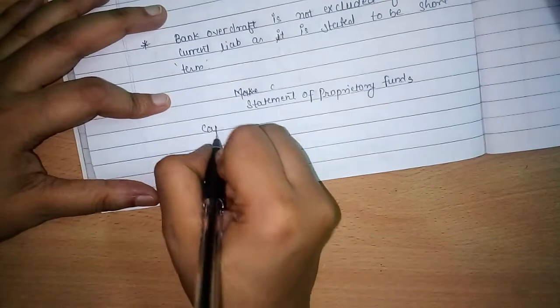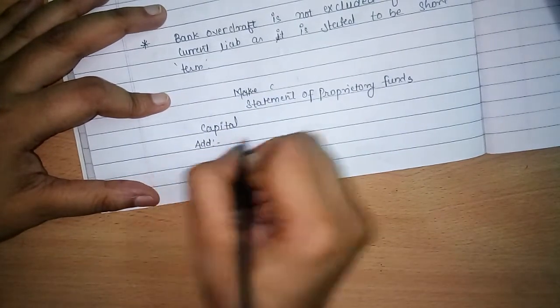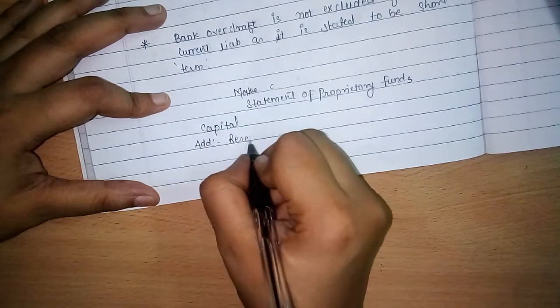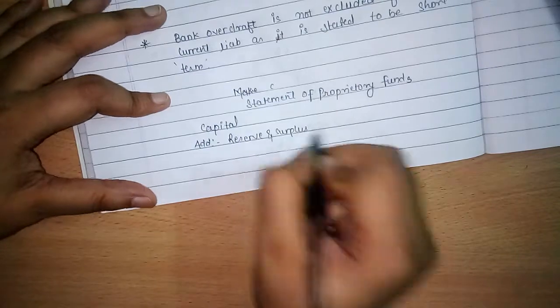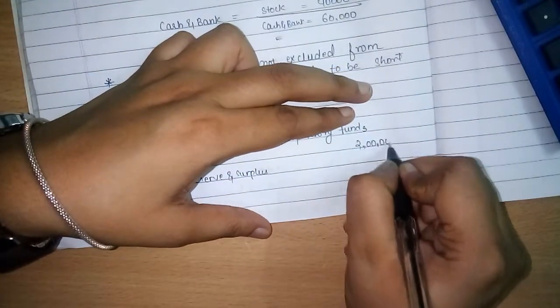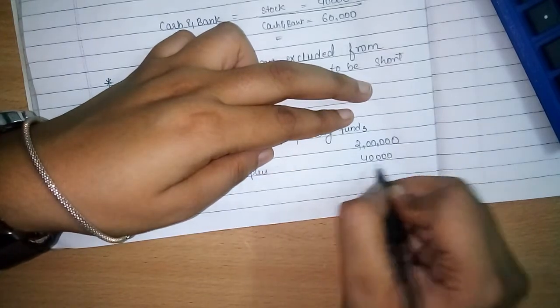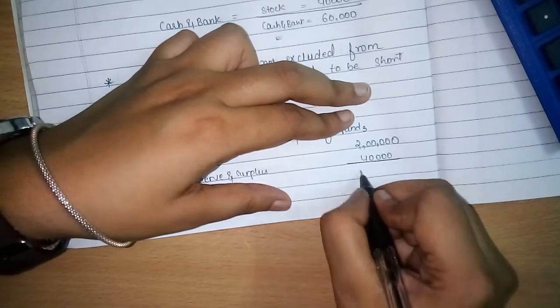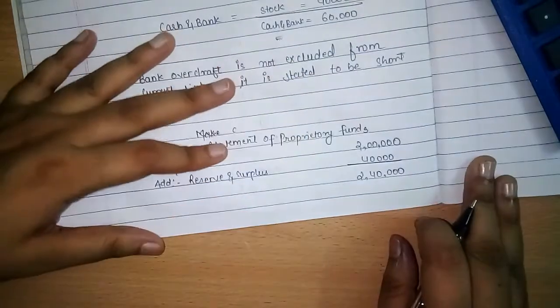So we write it: capital and reserves and surplus. Capital is 2 lakh and reserves and surplus is 40,000, so it comes 2,40,000.